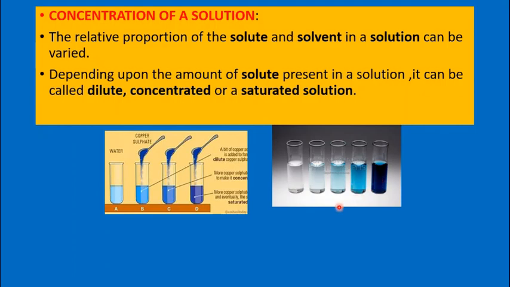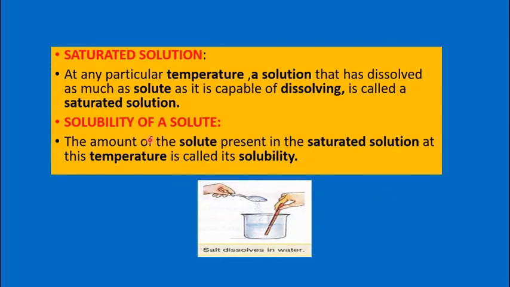That means the solution which has a high concentration of solute in it is known as a concentrated solution, and a saturated solution is one in which no more solute can be dissolved further. At any particular temperature, a solution that has dissolved as much solute as it is capable of dissolving is called a saturated solution.